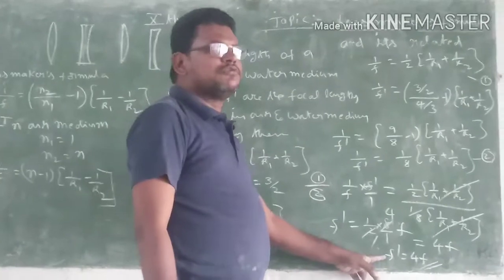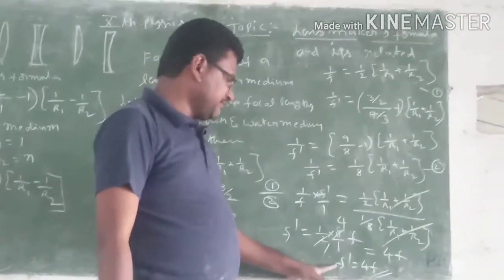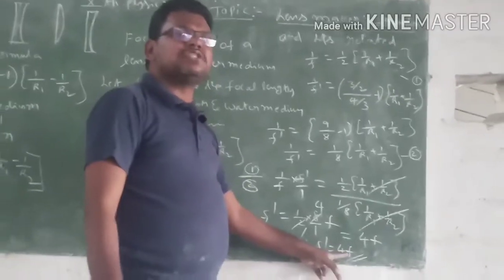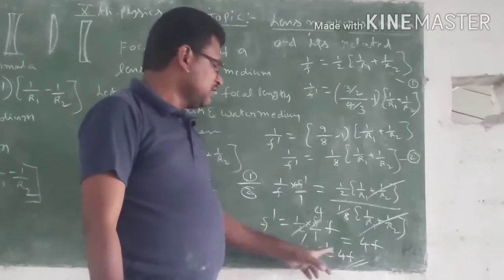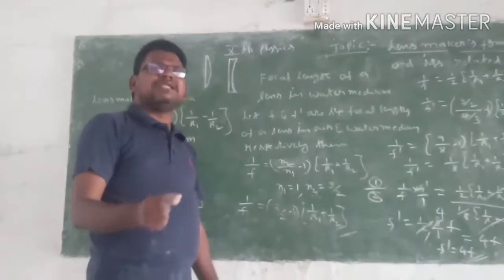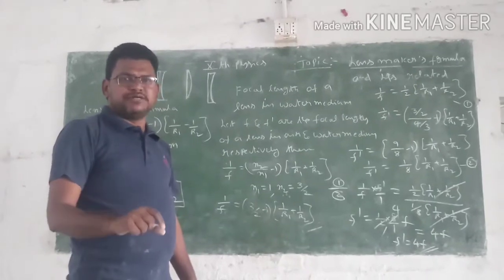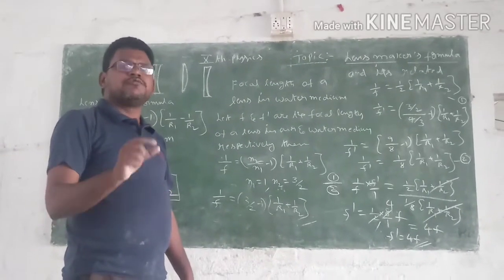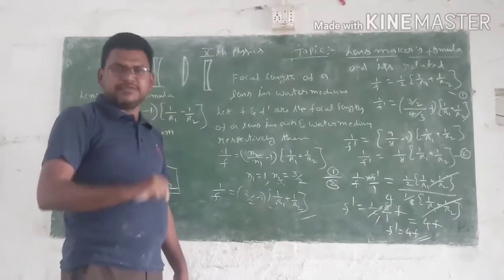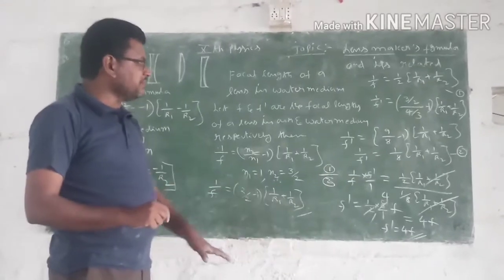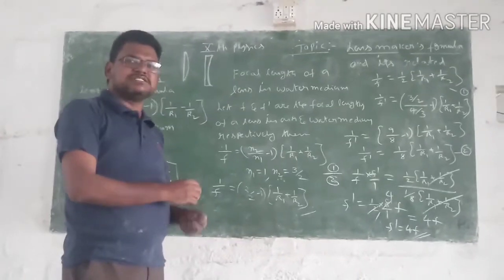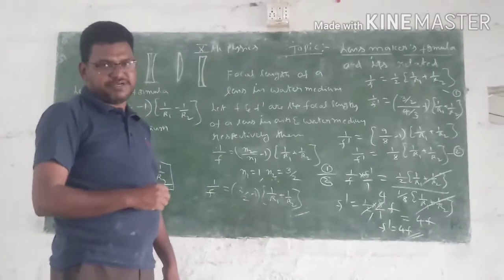f dash is what? The focal length of a lens in water medium. That is equal to 4 into f, the focal length of the lens in air medium. That means f dash is equal to 4f. That means the focal length of a lens in water medium is equal to 4 times the focal length of the lens when it was in air medium. So this is the relation showing how the focal length of a lens changes when we take it into a water medium.